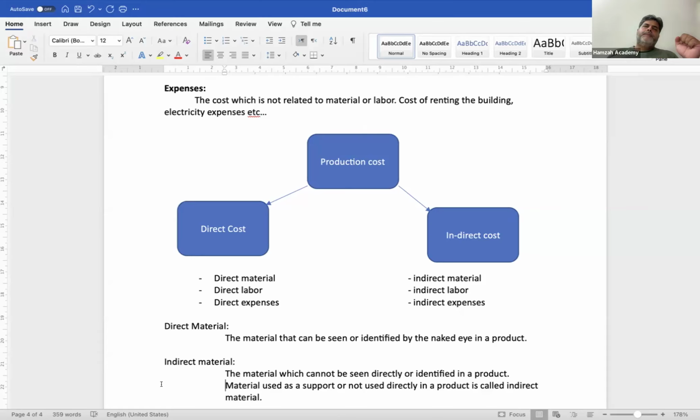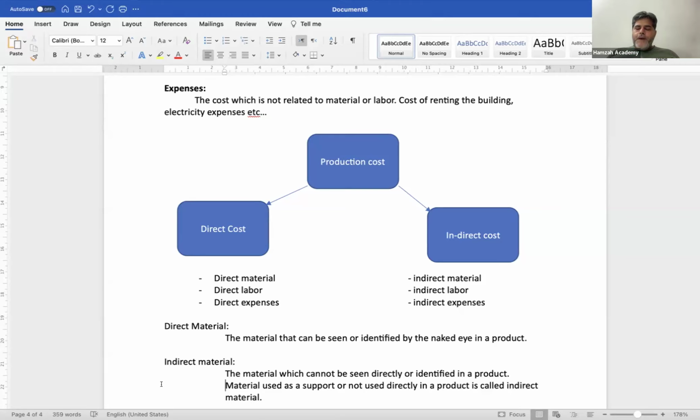I can feel it and I can see it. I can see the armrests. I can see the iron frame as well, the base, and I can see the tires, or the wheels, of the chair. Right? These are the ones which, while looking, I can easily see and identify. Right? This is what we are going to call the direct material.